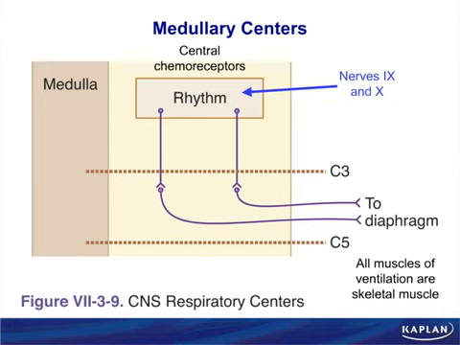Again, remember, cranial nerves 9 and 10 come in to the medulla. My central chemoreceptors are in the medulla. So this is how we regulate ventilation. And we can have ventilation without even thinking about it, even though it's an alpha motor neuron, right? We don't have to wake up every 10 seconds and remind ourselves to breathe. It will just occur on a regular rhythm. And that's because of this system.